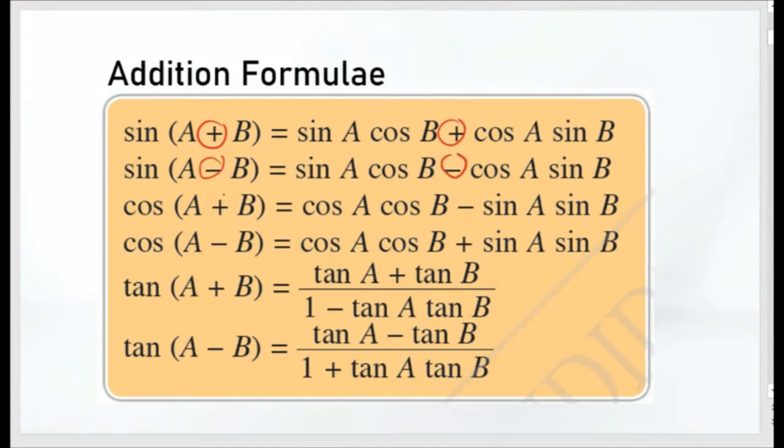Therefore, for cos, plus becomes minus, and minus becomes plus. Then for tangent, for plus, the top is plus and the bottom is minus. For minus, the top is minus and the bottom is plus.